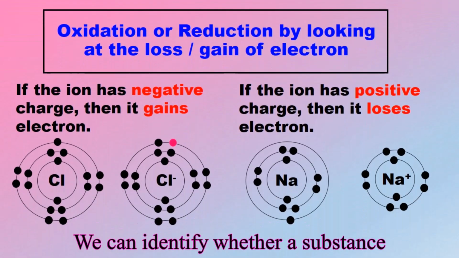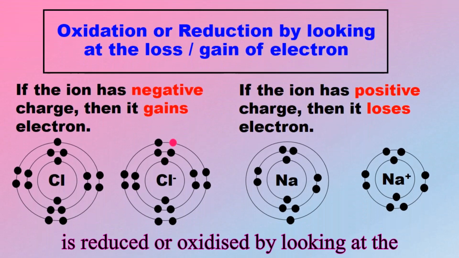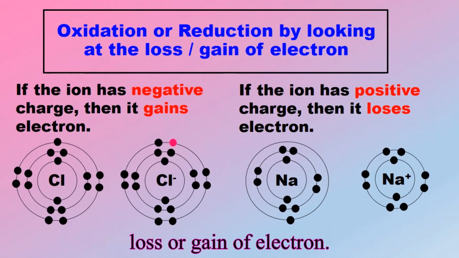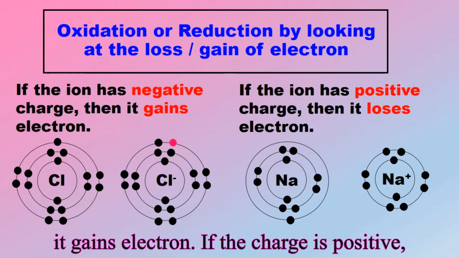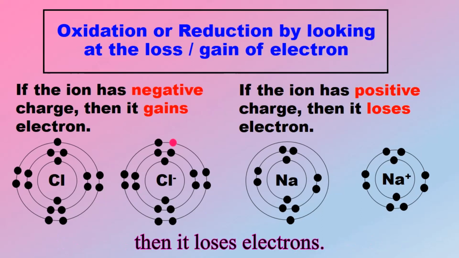We can identify whether a substance is reduced or oxidized by looking at the loss or gain of electron. If the ion has negative charge, it means that it gains electron. If the charge is positive, then it loses electrons.